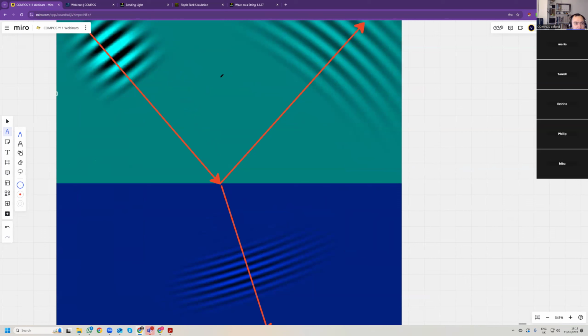So if we draw a normal line, this line is normal to the interface between the two media, and this angle, let's call it theta 1, and this theta 2. This is theta 1, and we call this theta 3. So theta 1 is the angle of incidence.